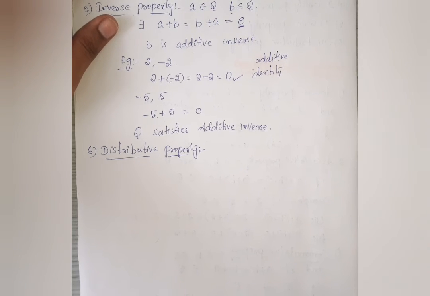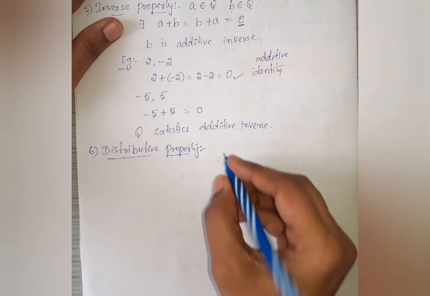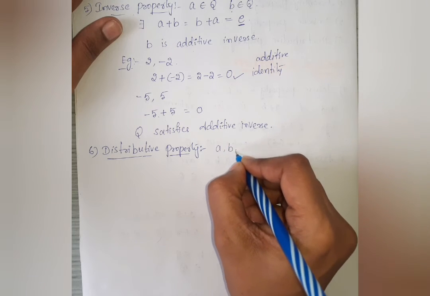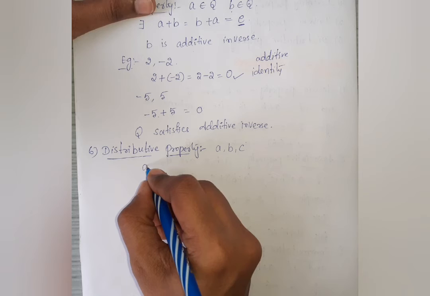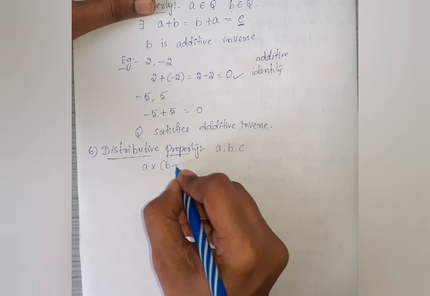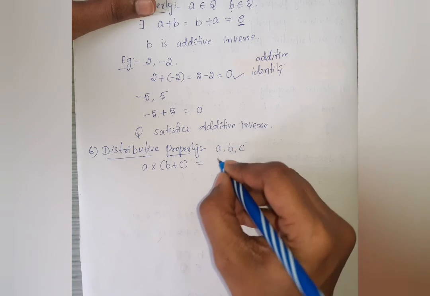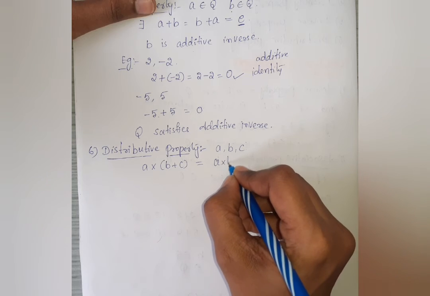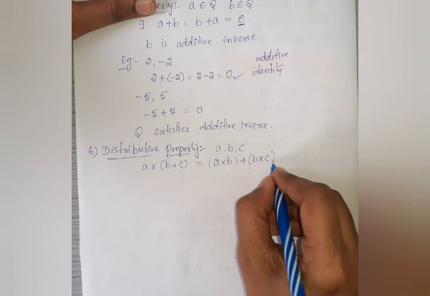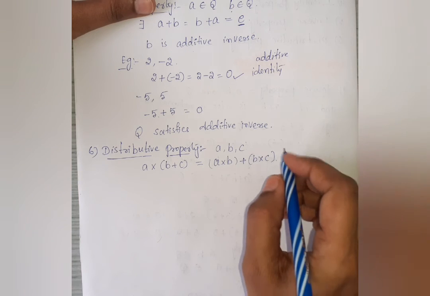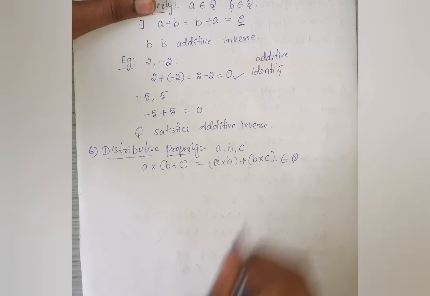Next one, distributive property. Suppose you take any 3 rational numbers, such that a into b plus c is equal to a into b plus a into c, which also belongs to rational numbers.